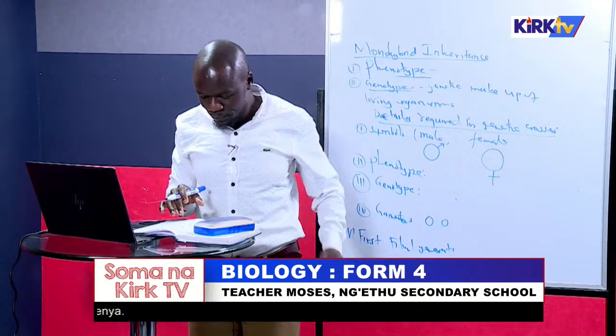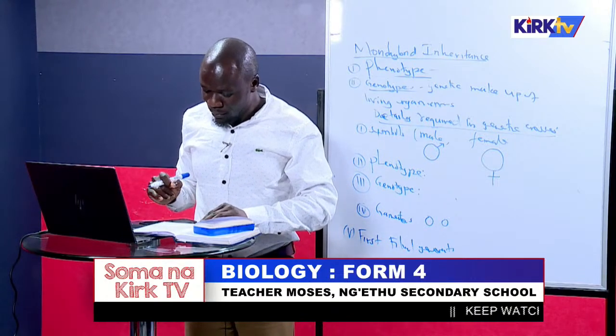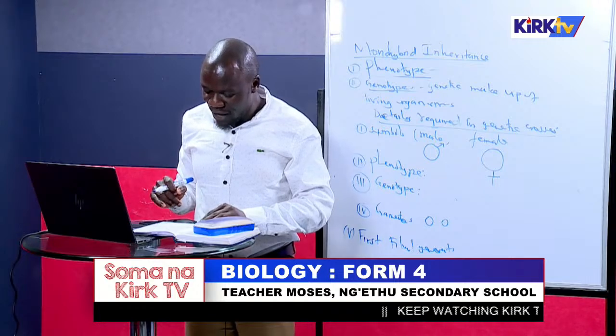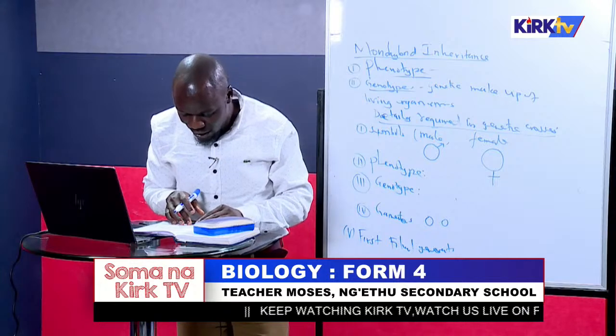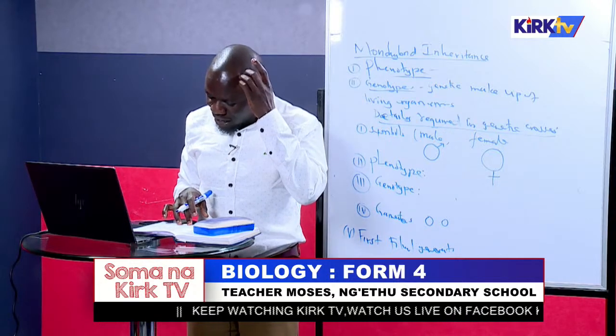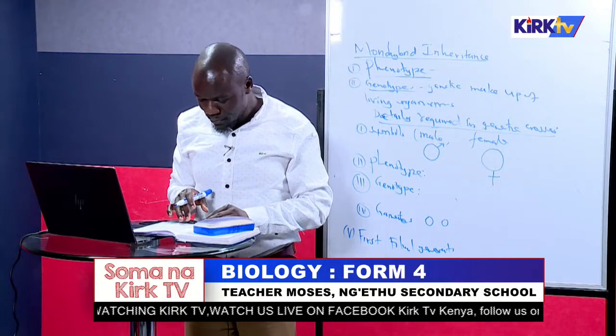I will just read. In a garden pea, the gene for red flowers is dominant over the gene for yellow flowers.